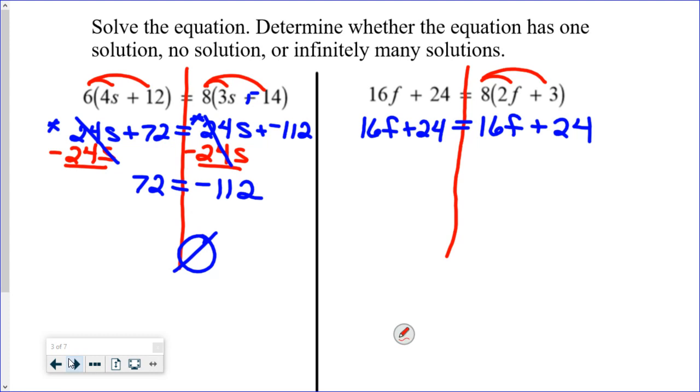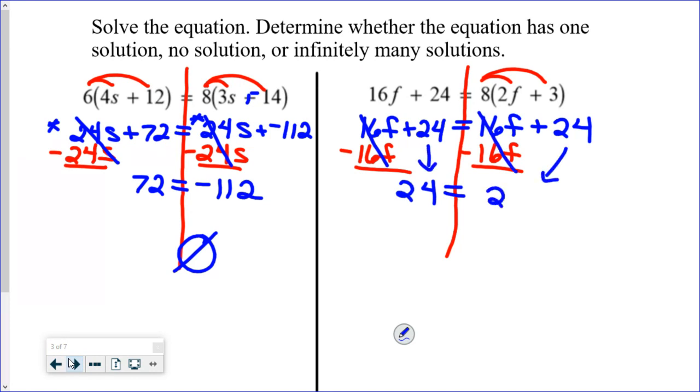But again, I'm going to combine my variables first. Okay. This is interesting. Well, 16f minus 16f means there's no f left. 24 is left, though. Again, that same thing happens here.